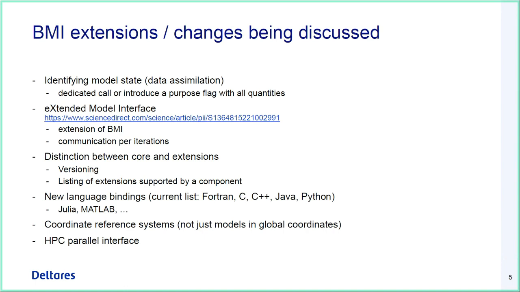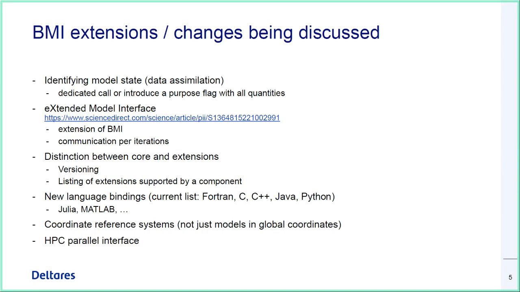Then there are discussions about language bindings. Currently, Fortran, C, C++, Java, and Python are included, but for some applications there's a growing demand for Julia. So that's where the discussion is going, to which degree it is a community effort and to which degree a central coordinated effort.